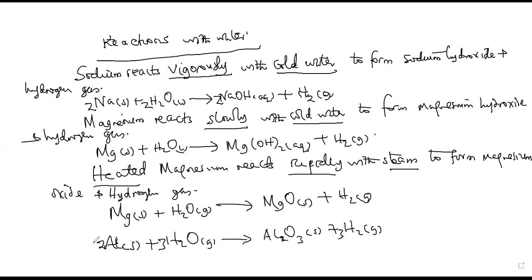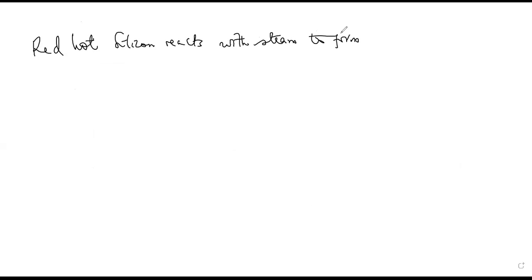Silicon. It must be heated to red hot. So red hot silicon, even if you say heated silicon, reacts with steam to form silicon dioxide, or silicon 4 oxide, one can call it silicon dioxide or silicon 4 oxide, and hydrogen.